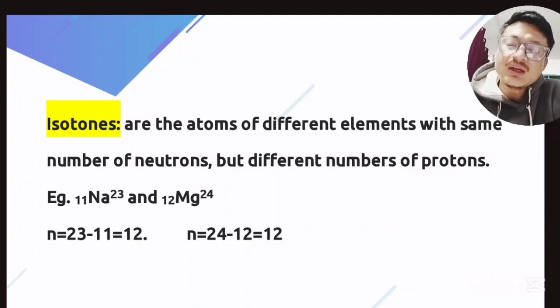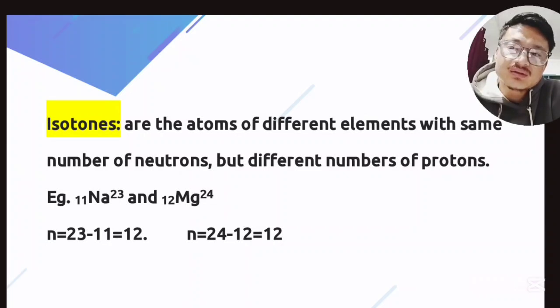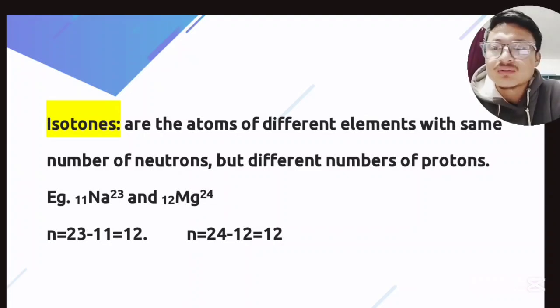Magnesium has atomic number 12 and mass number 24. Neutrons equal mass number minus atomic number. So for sodium, 23 minus 11 gives 12.